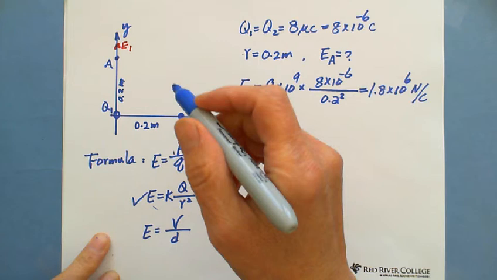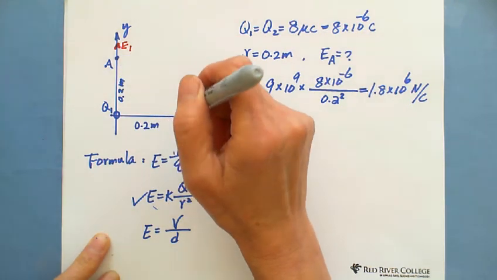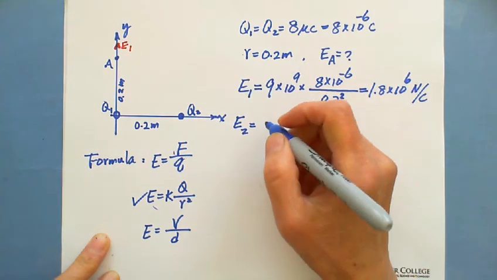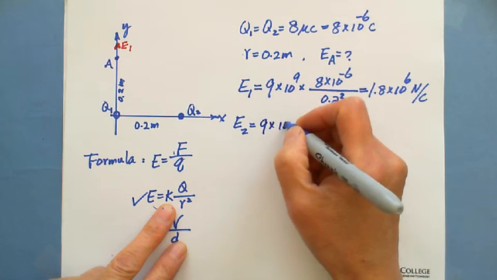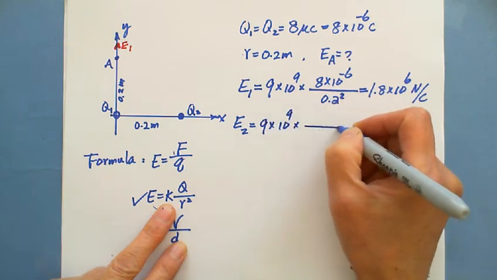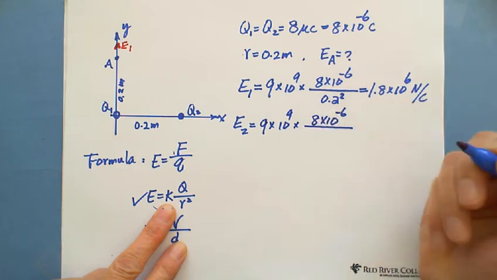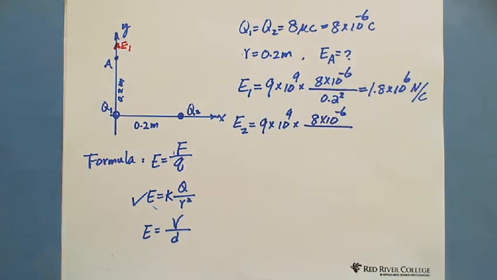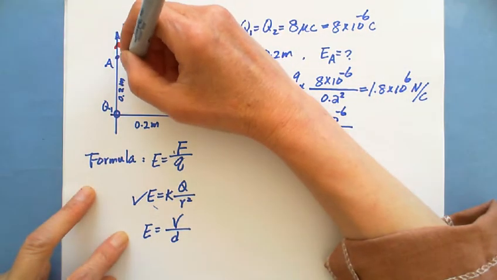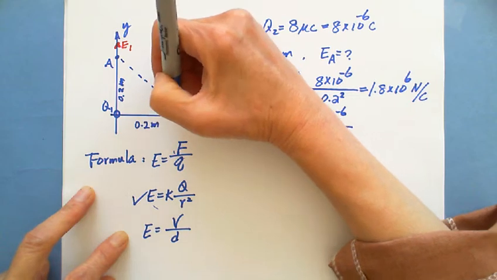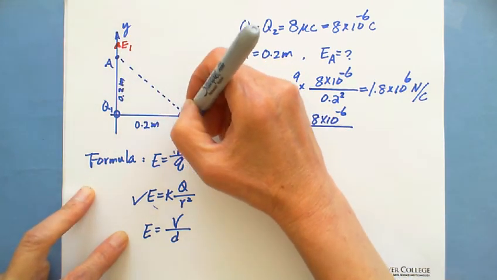E2 is the electric field strength at point A contributed by Q2. So the formula is still 9 times 10 to the 9 multiplied by Q, and Q2 is also 8 times 10 to the negative 6 coulomb. The distance is here, from Q2 to A. What about the distance?